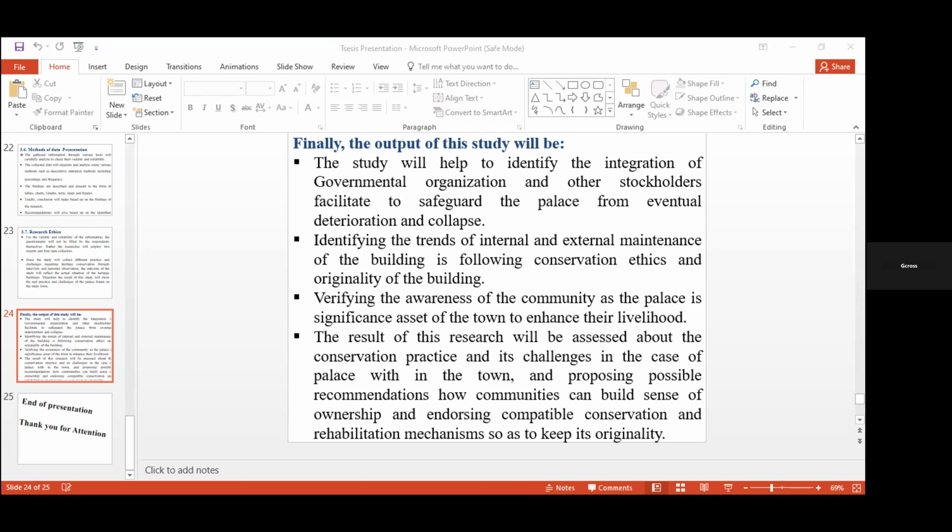Also, you were discussing a single palace, but you used a sampling technique with calculation of numbers. It's not fair to use a sampling technique for a single palace. So it's better to adjust your title, or if you go with this title, your research methodology is not good for such a case study.